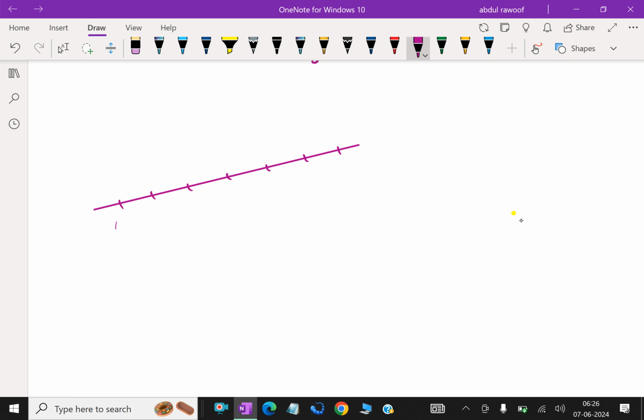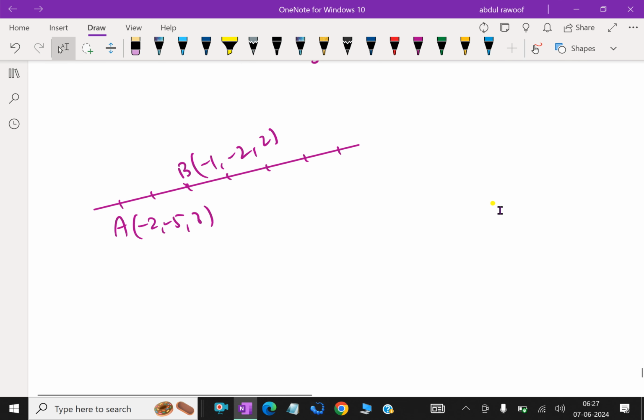The point A is -2, -5, 3 suppose, and point B is -1, -2 and 2. This is a point C, and point D is here.